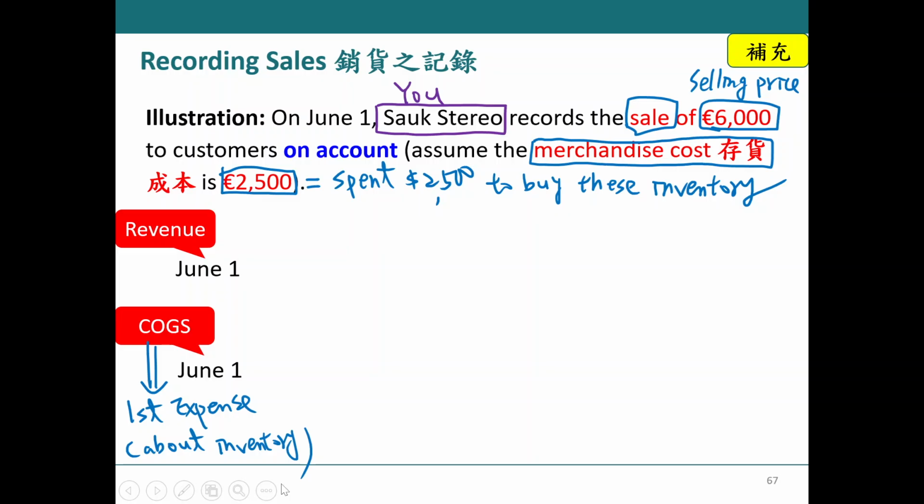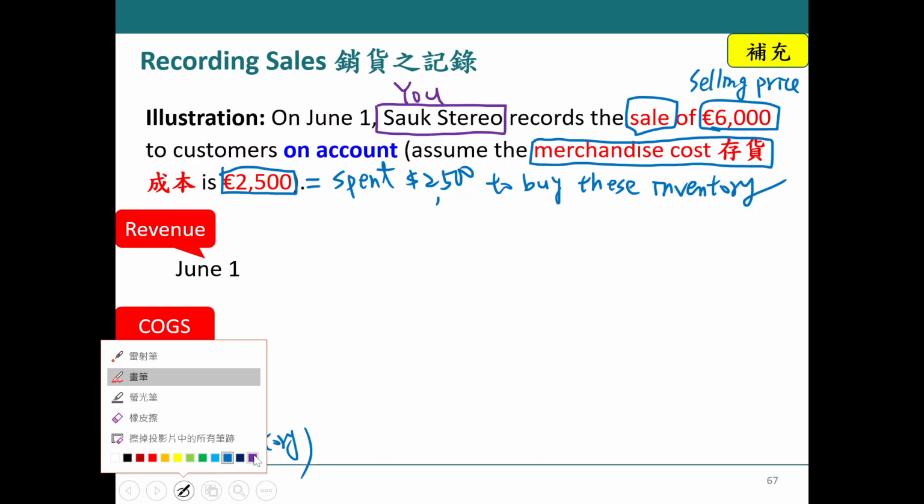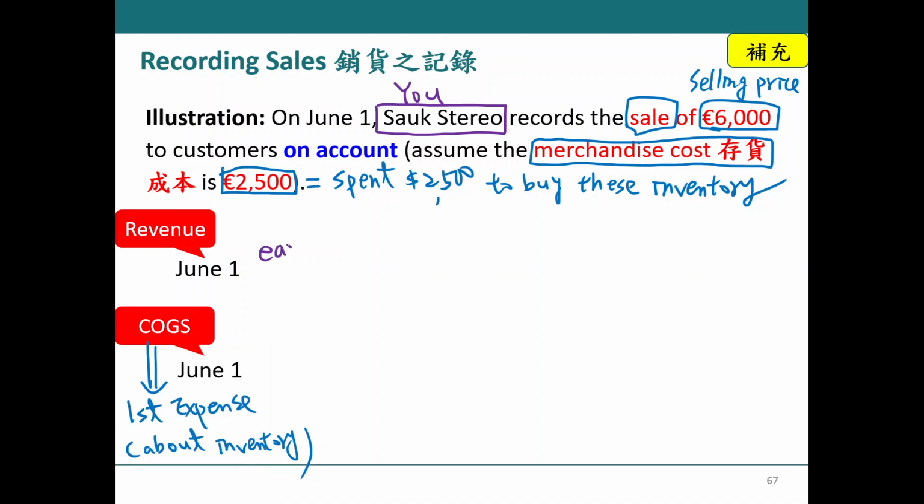Can you tell me revenue? You sell the products to customers. So you earn the revenues from customers, right? How much you earn from customers. So only focus on revenues. You earn the revenues, so your revenues should be increased, right? Because you earn the revenues from customers.